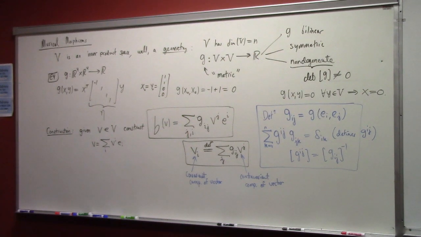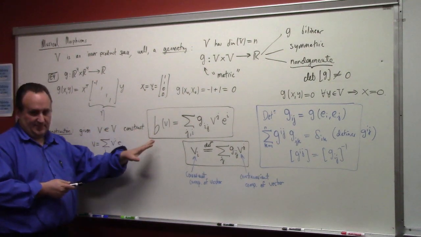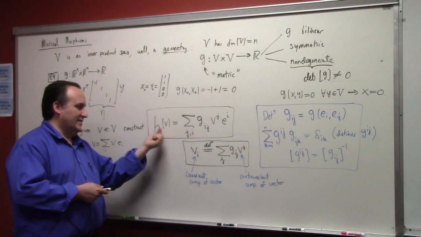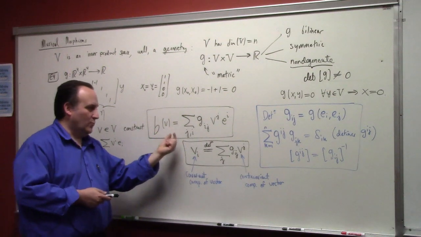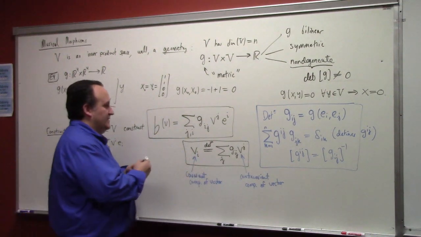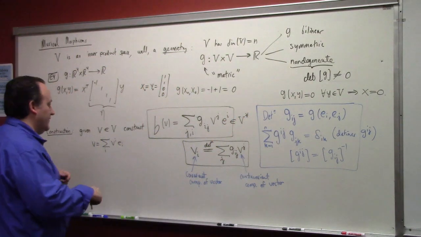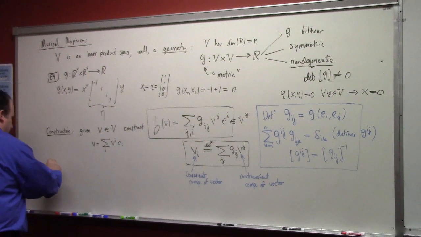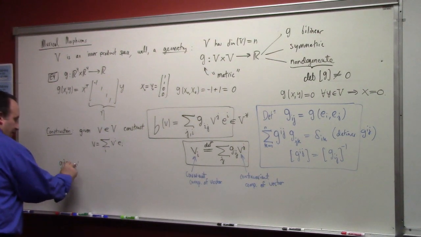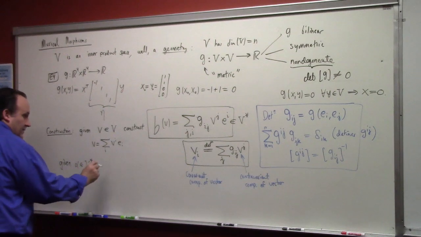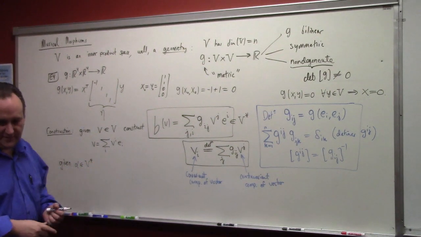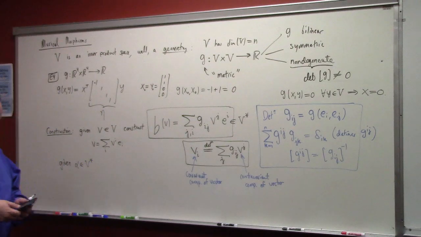All right, but anyway, that is the flat. So you're taking a vector and you're making a one-form. This is an element of V-dual. However, you can do the other thing. Given alpha in V-dual, you can construct the sharp. Now I gotta look this up, the symbol for sharp in music. There we go.